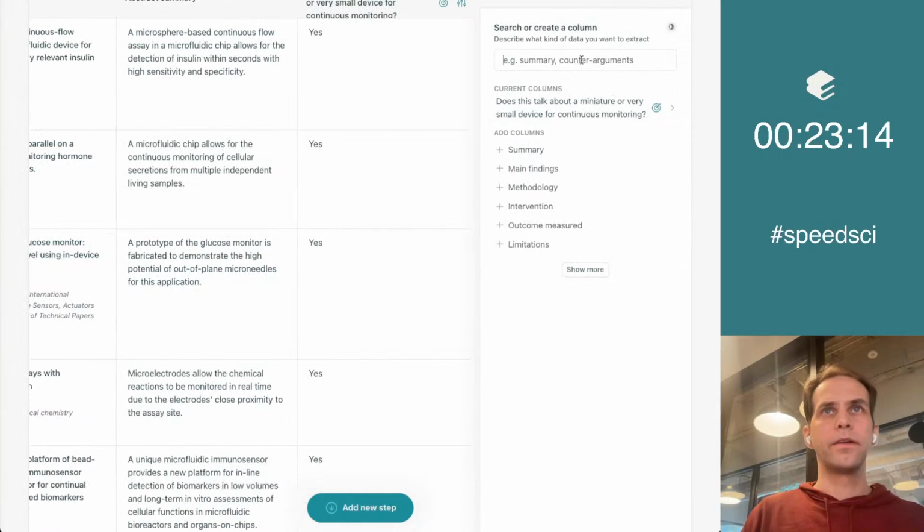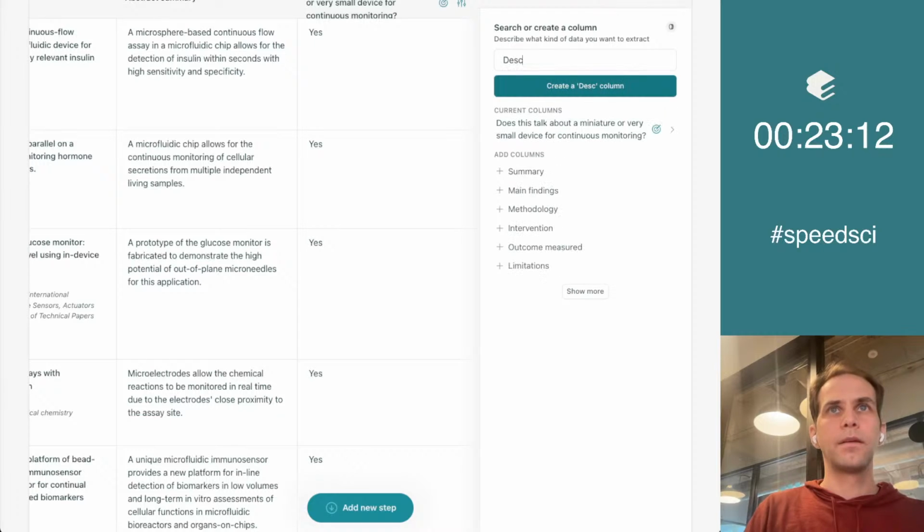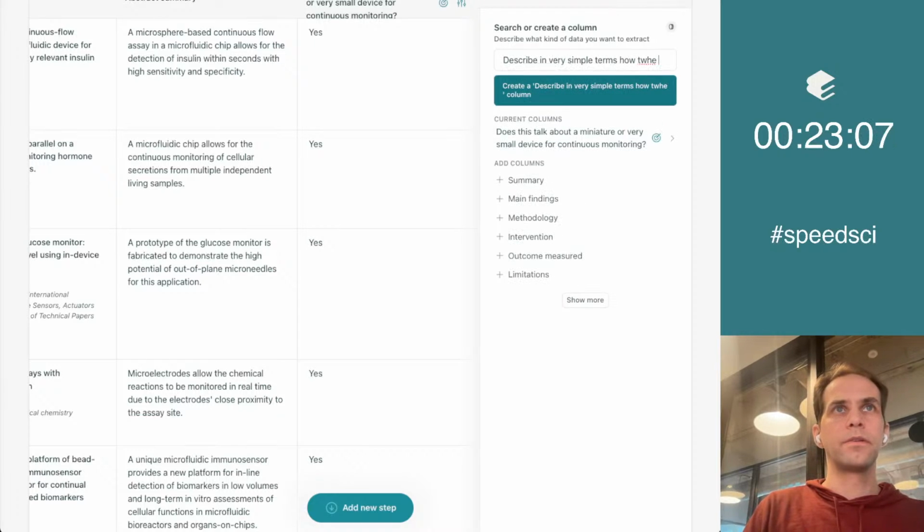And then I will also add a column that says describe in very simple terms how the continuous monitoring device works.